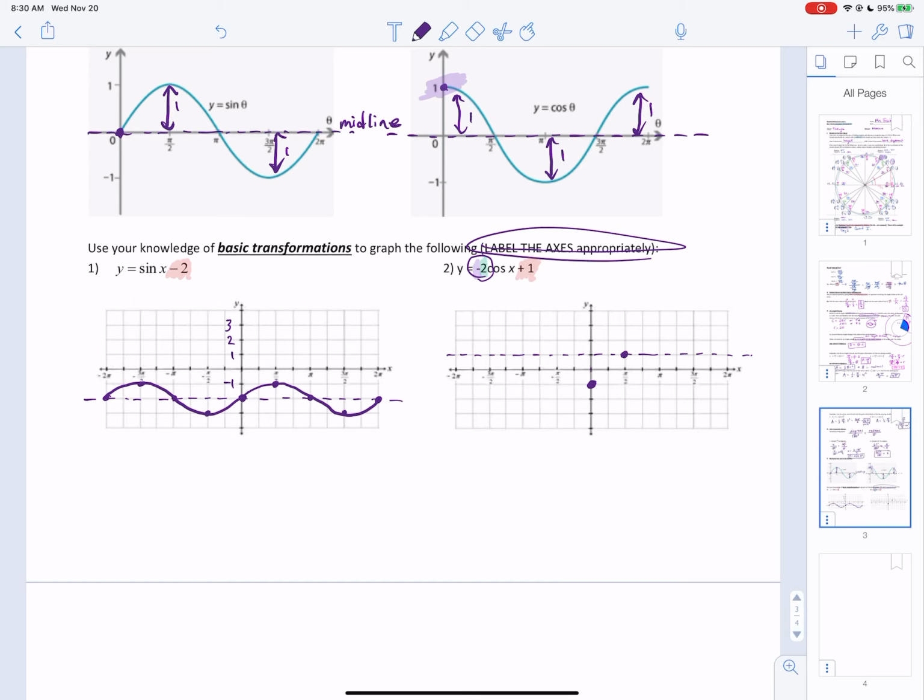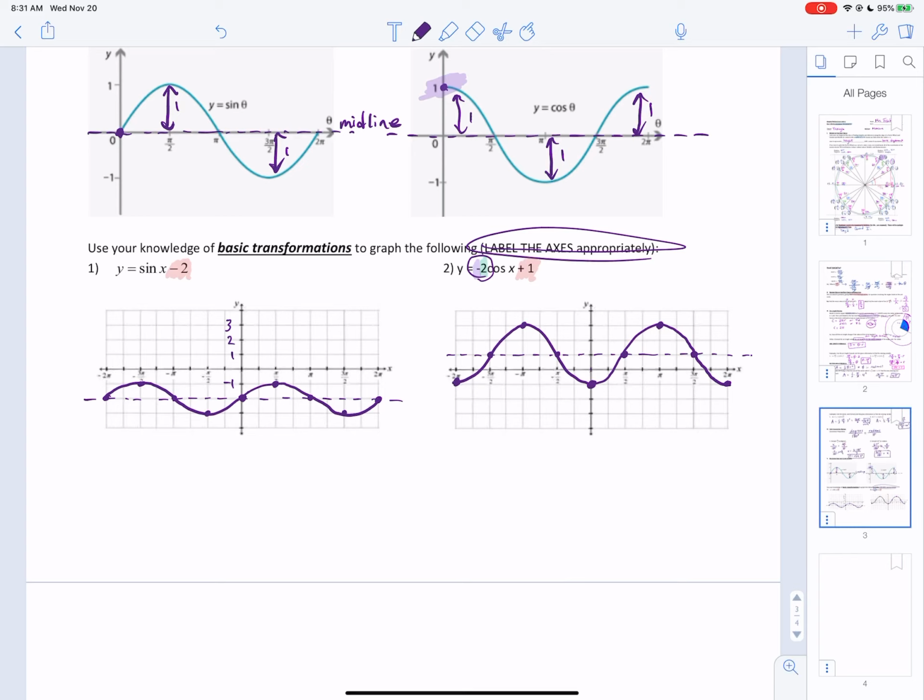At pi, we are 2 above the midline, then back to the midline, and then 2 below. Okay, so here is our cosine wave. Tried to make it curved and like a wave and not like a zigzag pattern. Okay, the other side mirrors it.